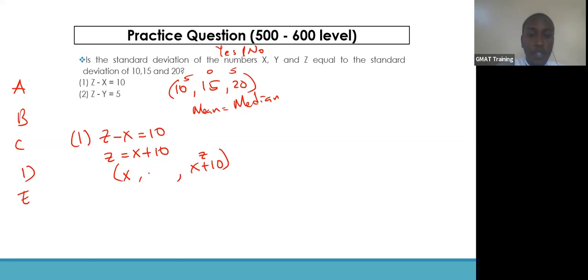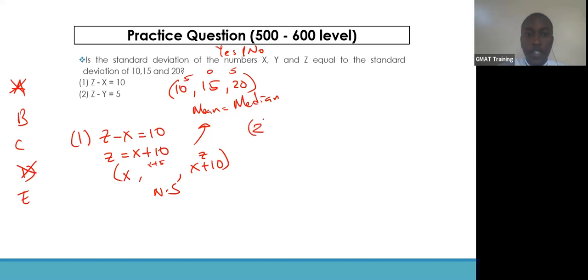If y equals x plus 5, then the standard deviation will be equal to this set here. But if y was any other value, then the standard deviation will not equal this set here. That will give a yes and no, not consistent, therefore not sufficient. If not sufficient, then A and D are out.